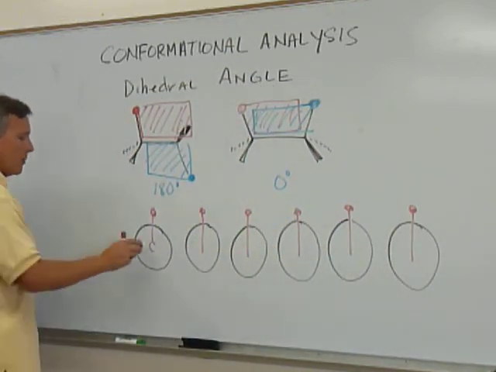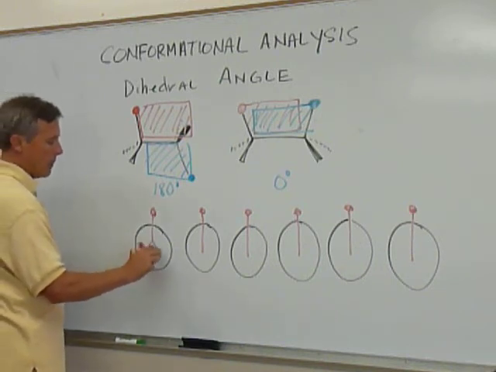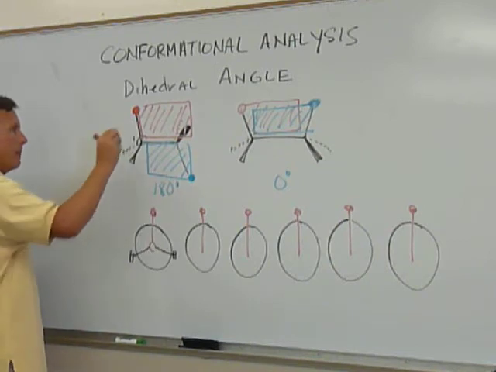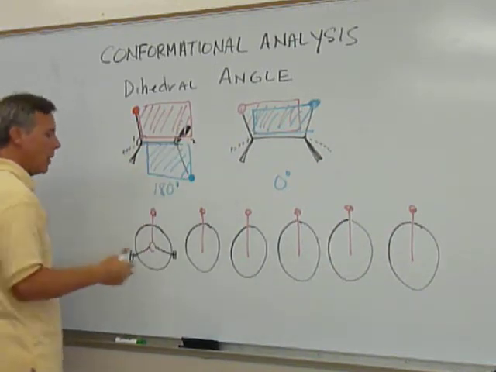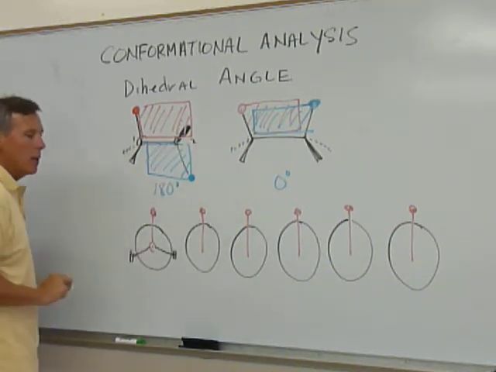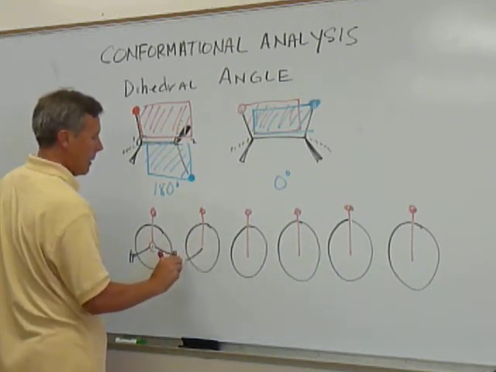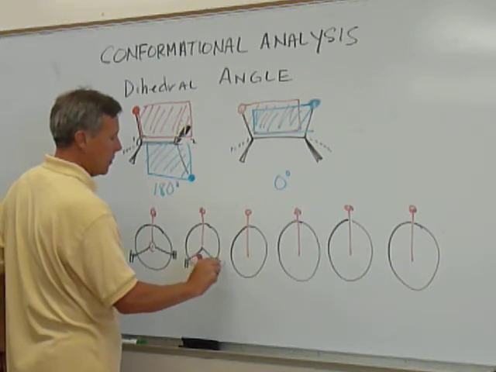We recognize that we have hydrogen coming off carbon 1. Again, this is carbon 1. This is carbon 2. Carbon 2 is in the back. We can't see carbon 2 in the back. We show our hydrogens.